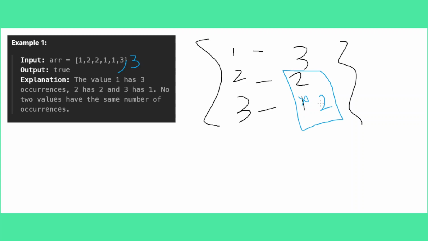It is valid if the frequencies here for every item are unique. If it is not unique, for example, in this case, if there were two threes and two twos, then we have to return false. Else, if every frequency is unique, we have to return true. So the question is fairly easy. Let's go.